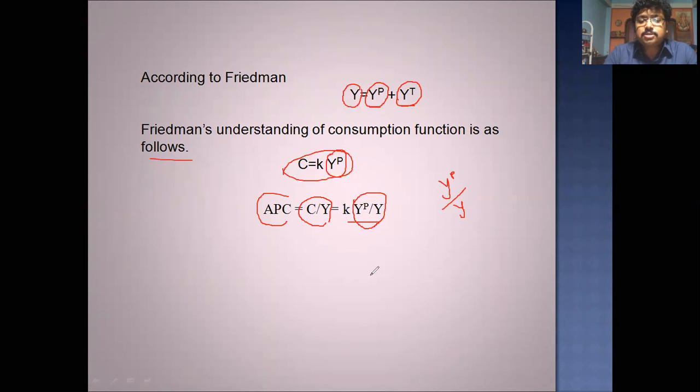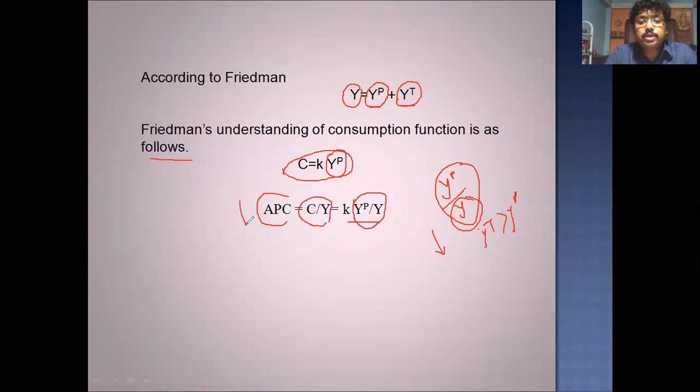As far as the Keynesian concept is concerned, the average propensity to consume declines as income increases. Friedman says that the average propensity to consume will decline depending on Y, and Y has an important part, that is the transitory income. If transitory income is greater than the permanent income, then this whole part will decline.